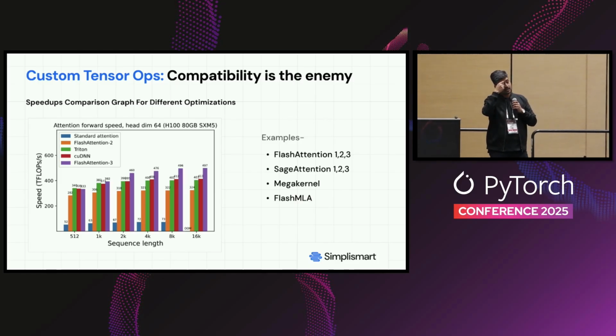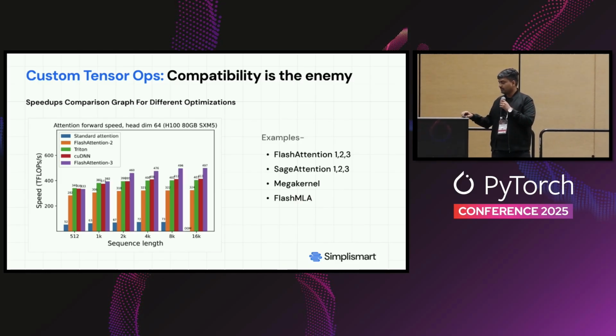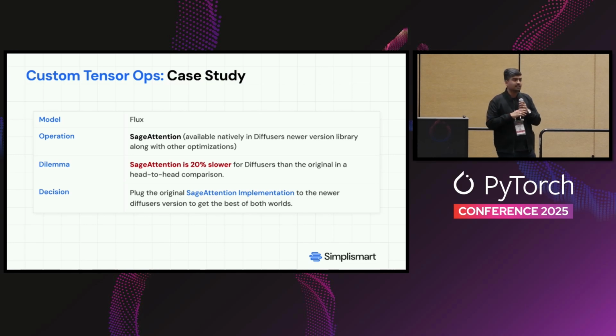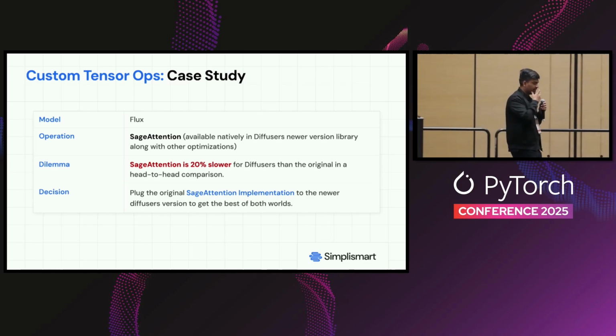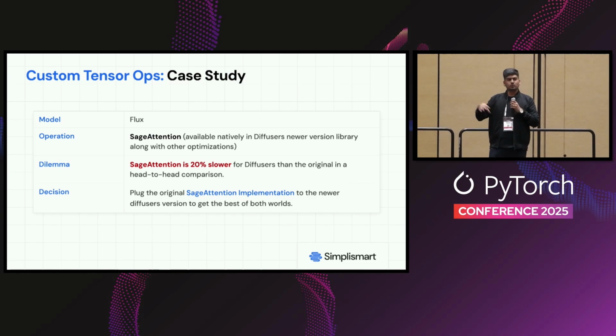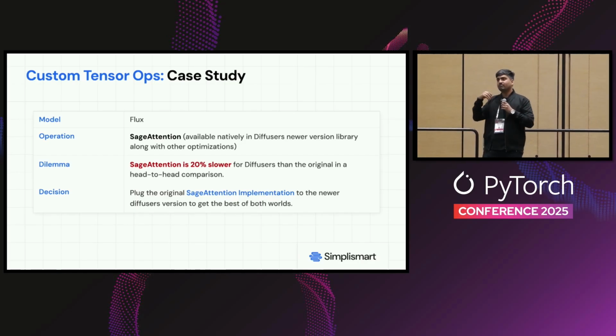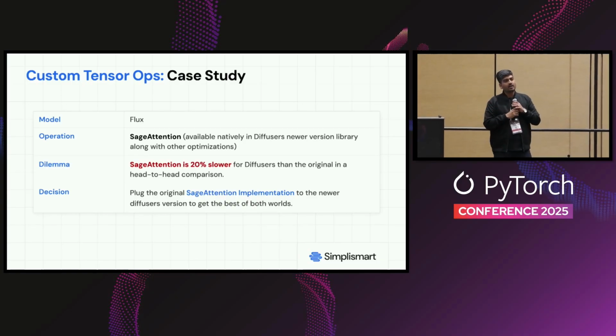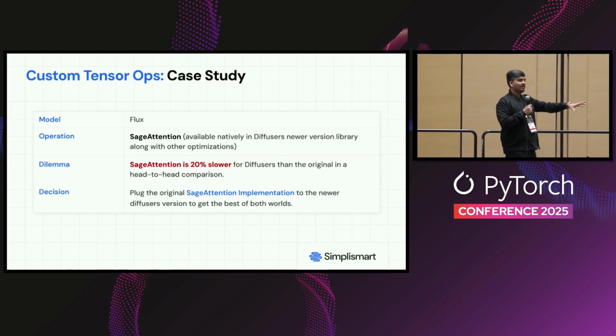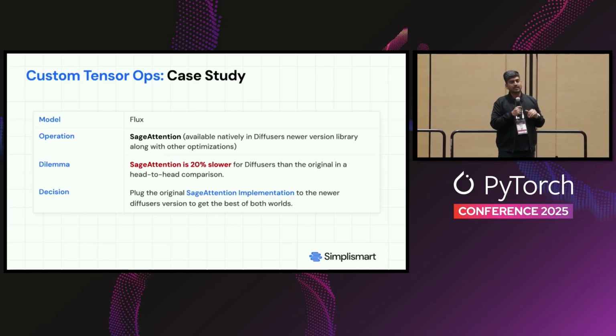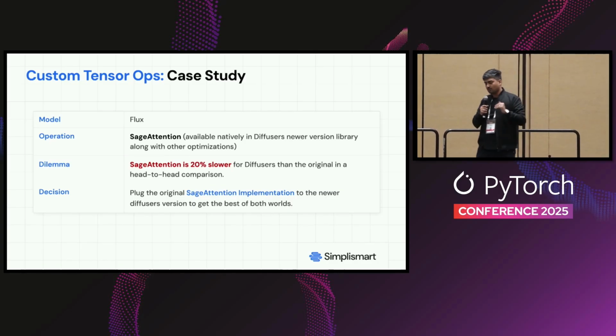available, right? And this happened with us fairly recently when we were optimizing the Flux pipeline. We have a direct integration in our platform where users can bring in their fine-tuned diffusion or Flux models, and we optimize them very frequently with Sage Attention, right? Now, when Sage Attention came out and we patched it with the diffusers library, it gave us a certain baseline speed, and we considered that as our ground truth.